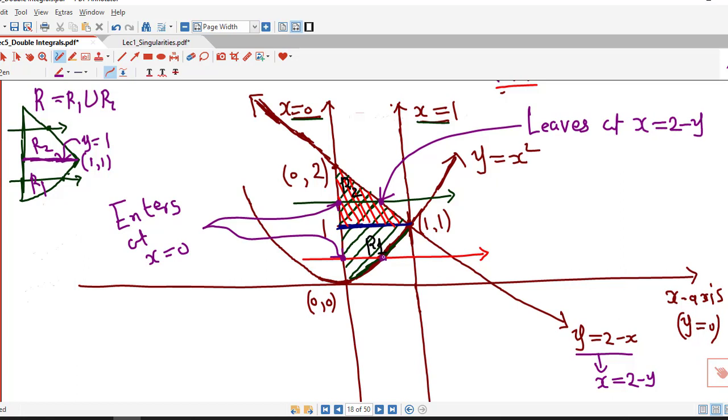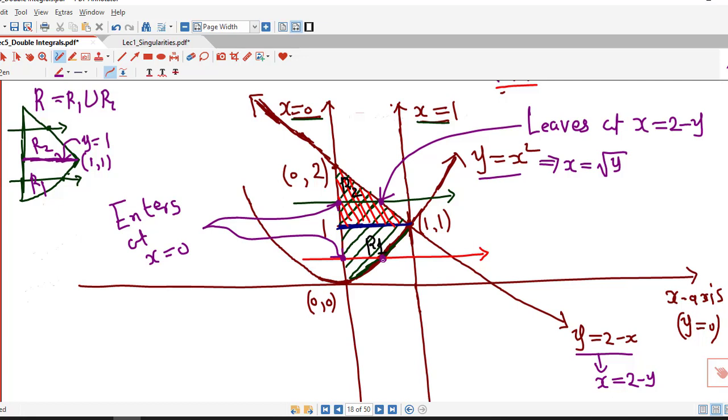Now this line leaves the region at this point, and this point is on the parabola y equal to x square. So from this we obtain x equal to plus or minus y, but here on this part x is positive.